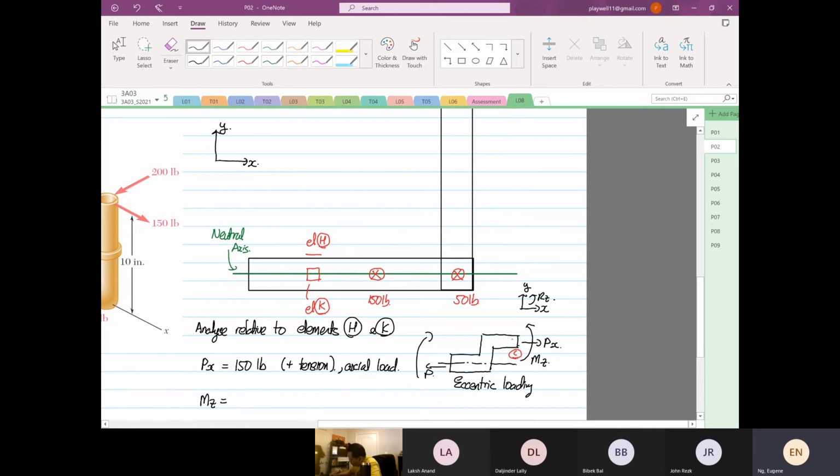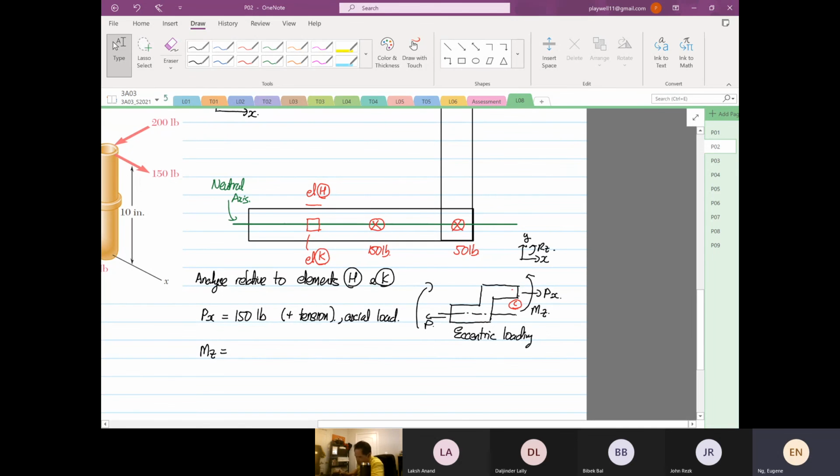Then the next thing is we look at moment in the Z direction. So we're going to find MZ. So I'll write this.